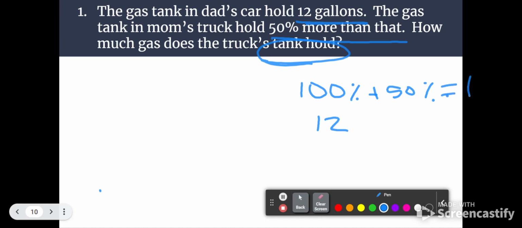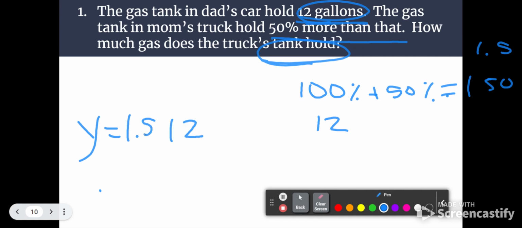Well, total, that is 150%. So we can convert percent to decimal and get 1.5 there. Our original is 12, and we're looking for our total after, which would be 150%. So 1.5 times 12. You can do it two different ways.